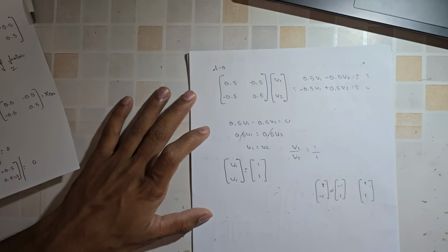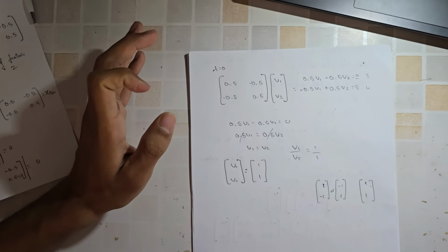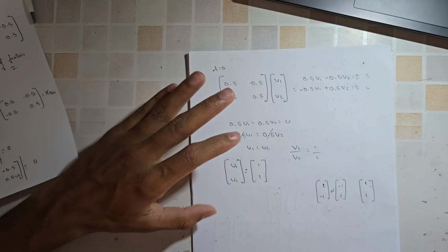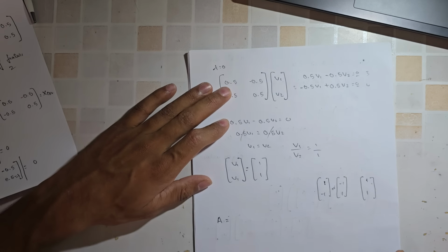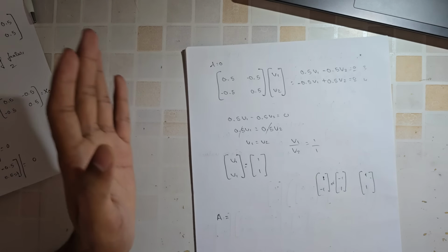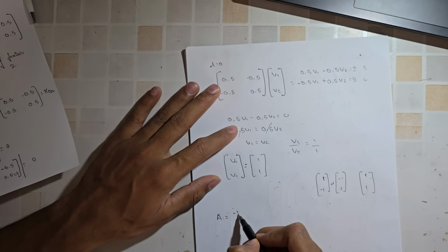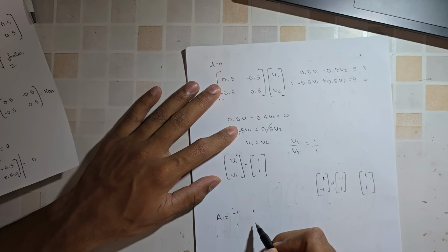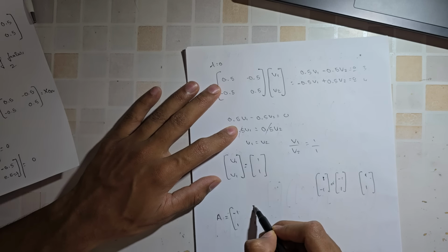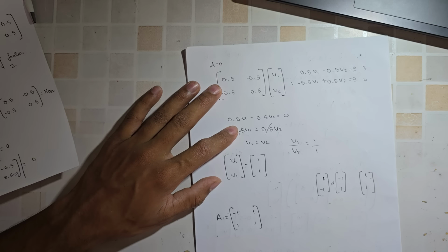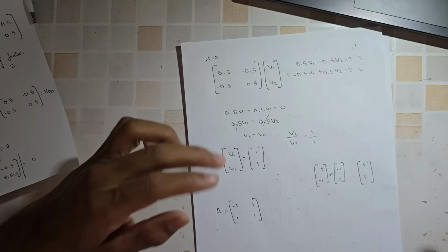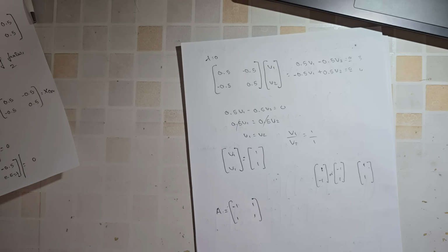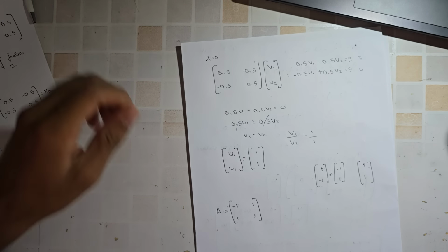Now if you combine this, I'll call a variable a is equals to, I'll combine both the eigenvectors into one, that will become minus 1, 1, here for positive 1, 1. Since you got the eigenvectors, now you will be combining them into one matrix, and then you have to perform normalization.